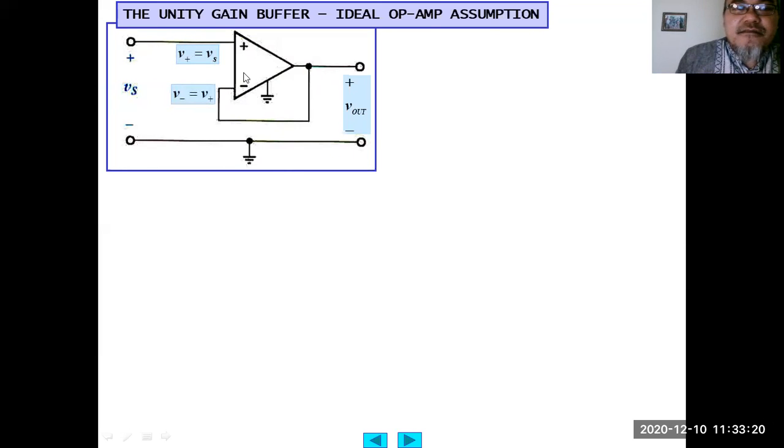V minus here will be equal to V plus, because in an ideal op-amp the gain is infinity, so that's why V plus equals V minus. Since this terminal is connected to the output, V output will be equal to V minus. But V minus is equal to V plus, and V plus is equal to Vs. So V output equals Vs.